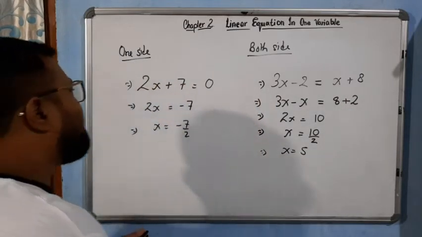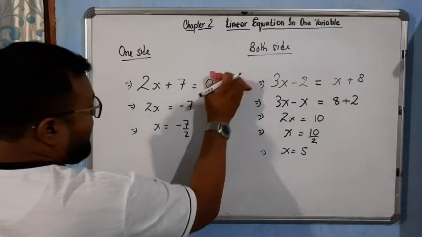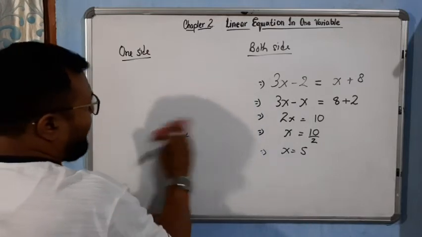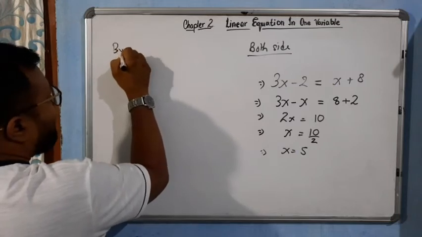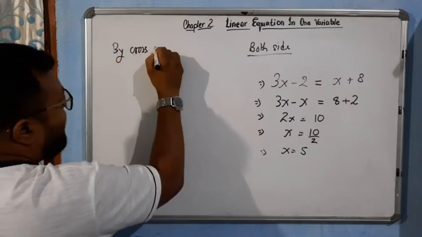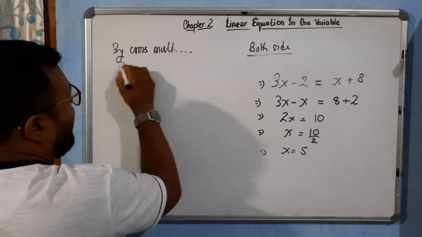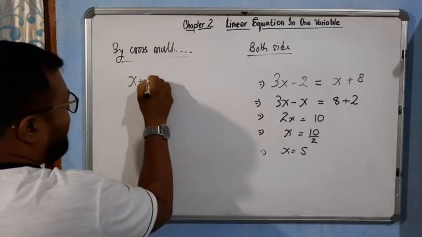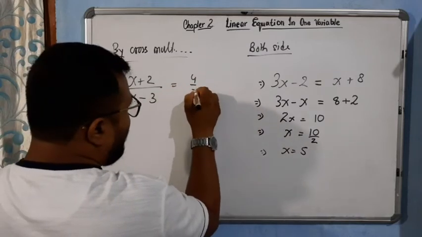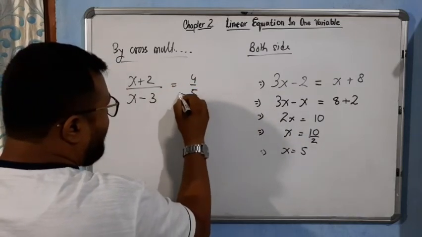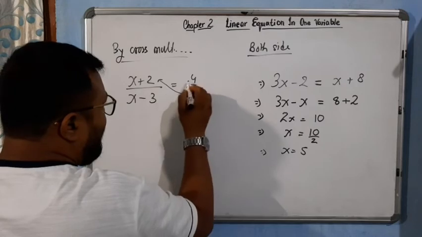Now sometimes we solve by cross multiplication also. Let me show you. By cross multiplication: suppose (x plus 2) by (x minus 3) equal to 4 by 5. We multiply 5 with this and 4 with this one.